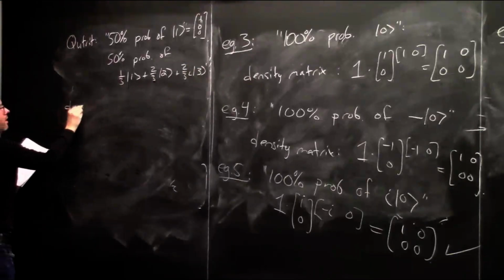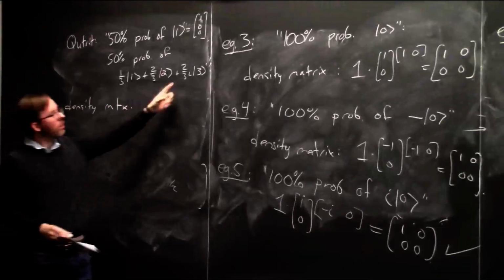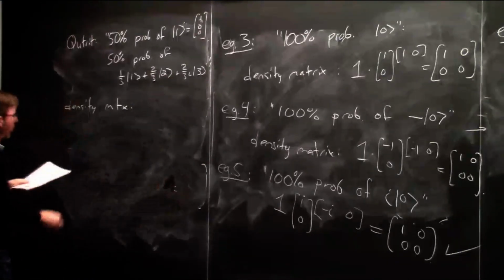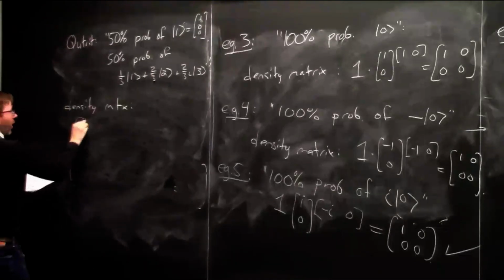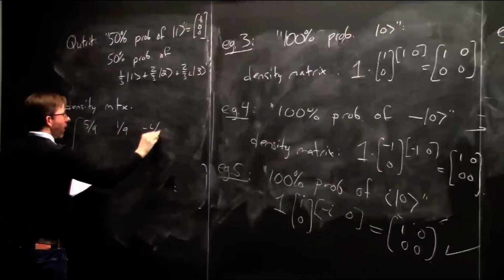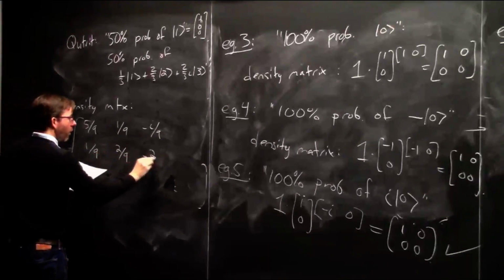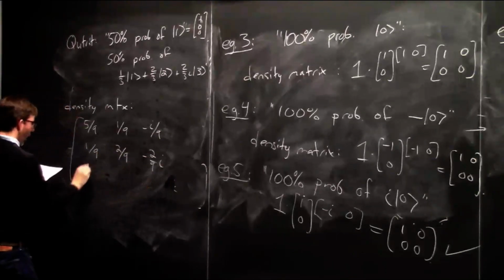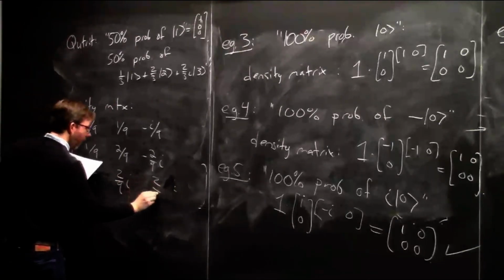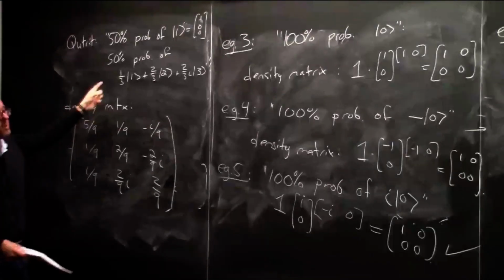The density matrix is, and you have to remember when you do the column to row conversion, you have to take the complex conjugate. But long story short, it turns out to be this thing, which I'll put up just to have an example of a slightly bigger one. 5/9, 1/9, negative i/9, 1/9, 2/9, negative 2i/9, 2i/9, 2/9. That's an example of a 3×3 density matrix that corresponds to this mixed state.